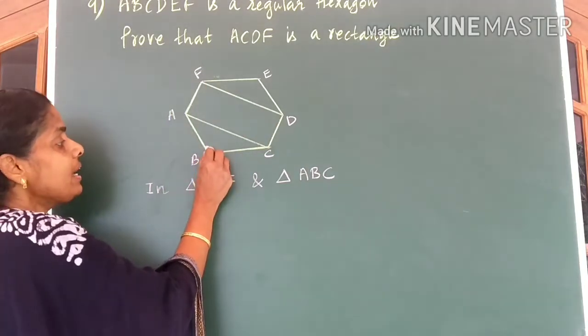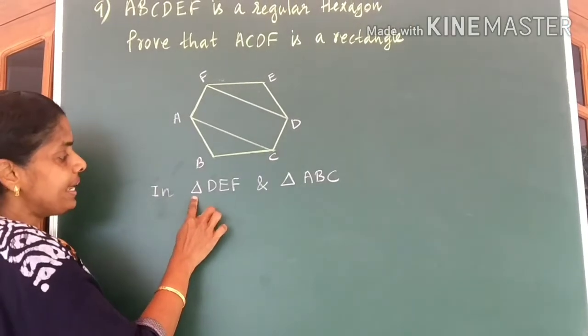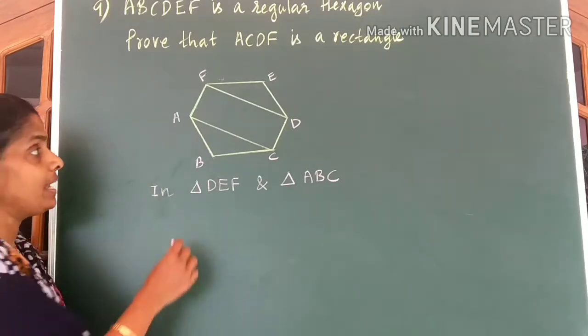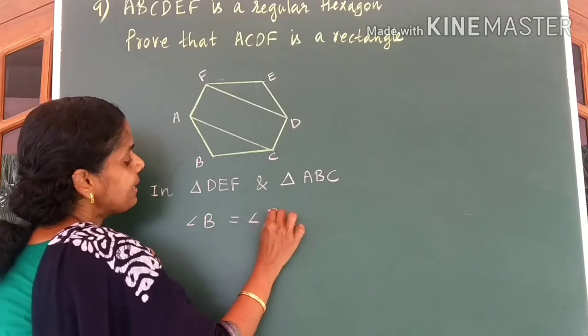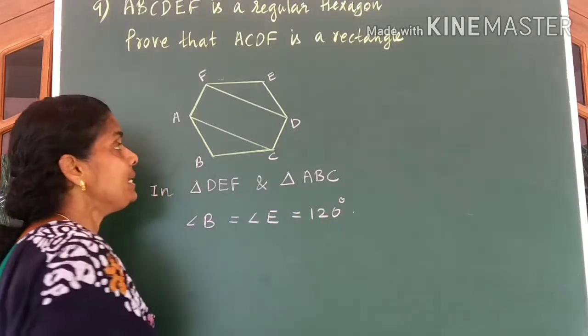So we can say in these two triangles, that is in triangle DEF and in triangle ABC, angle B is equal to angle E is equal to 120 degree.